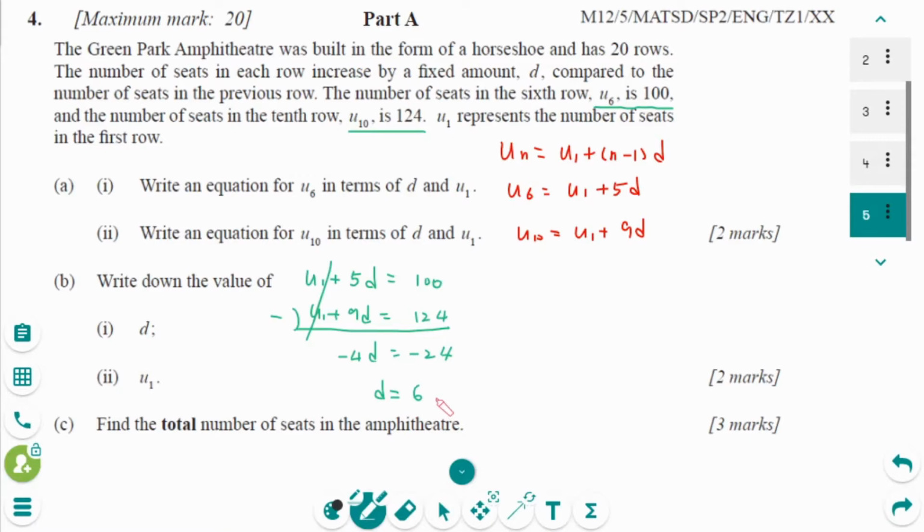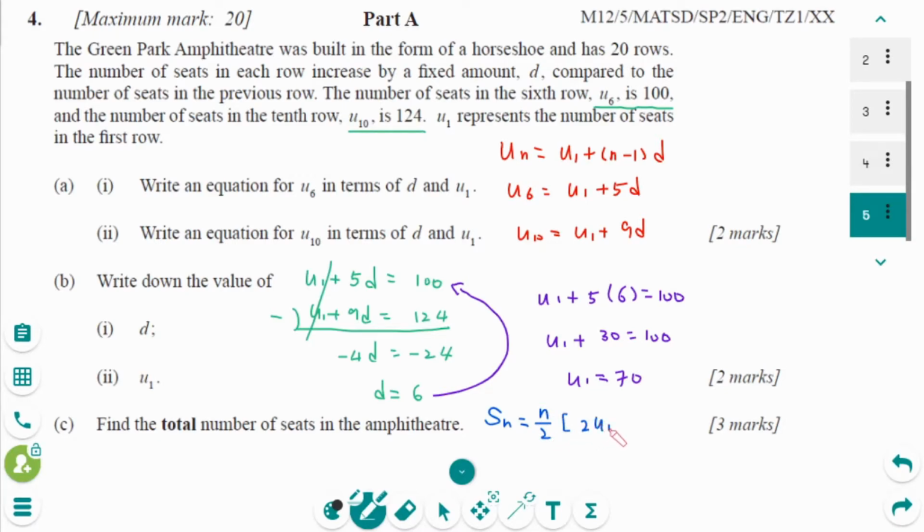Then put in here u1 plus 5 times d equals 6 equals 100. u1 plus 30 equals 100. So u1 equals 70. Number C, the formula Sn equals n over 2 times 2u1 plus n minus 1 times d.